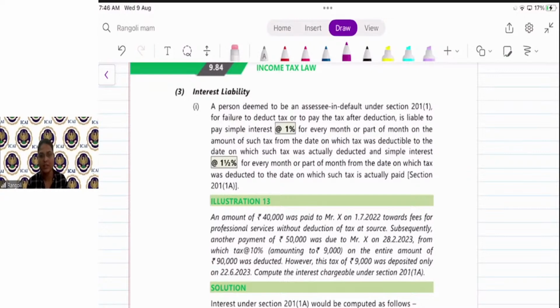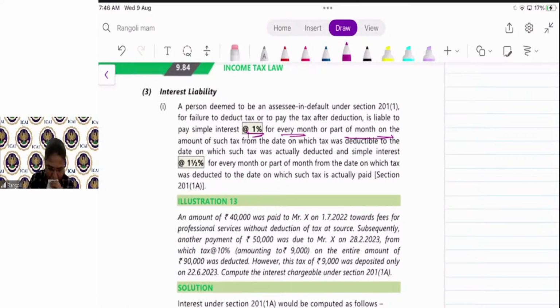Now, if a person is considered to be assessee in default, then he needs to pay simple interest at the rate of 1% for every month or part of the month on which TDS is required to be deducted but not deducted. Say for example, with 6.5.